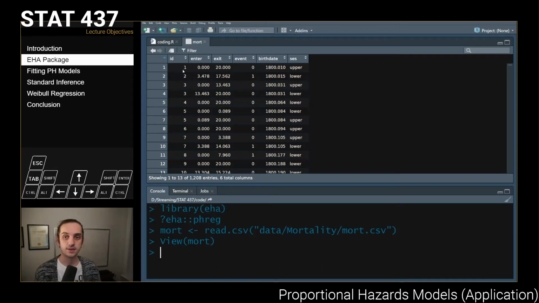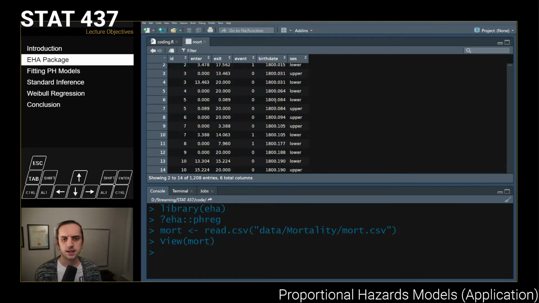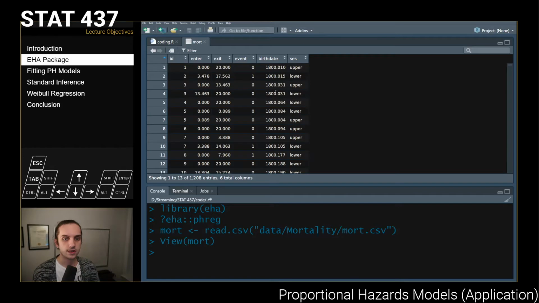We have an ID column. We have this event indicator, so a 1 means the event actually occurred, and in this case the event is death. So we're analyzing mortality data here. We have a birth date, which is stored in a strange decimal format. And then we have a socioeconomic status indicator, which is either upper or lower, depending on the individual's economic status.